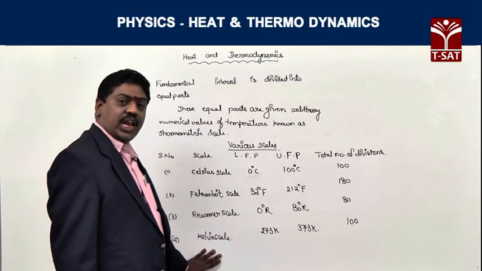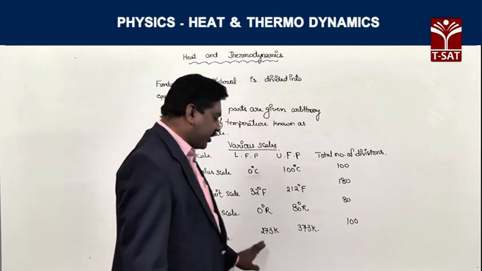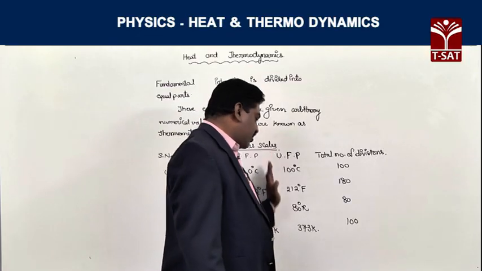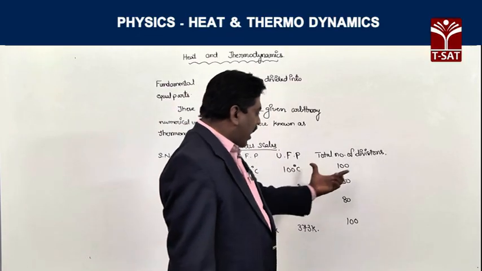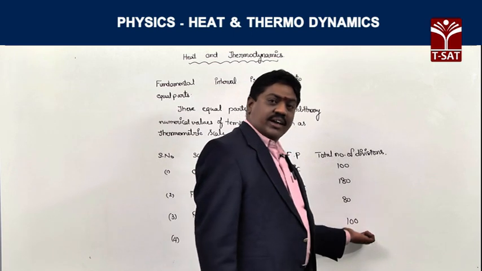Whereas in the Kelvin scale, the lower fixed point is 273 Kelvin, the upper fixed point is 373 Kelvin and the total number of divisions is 100.